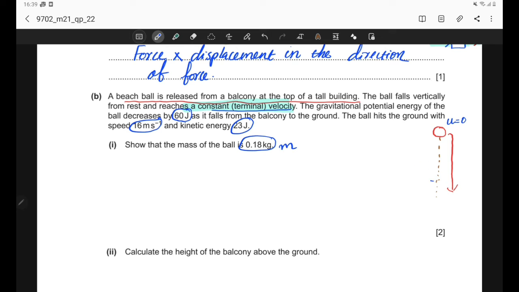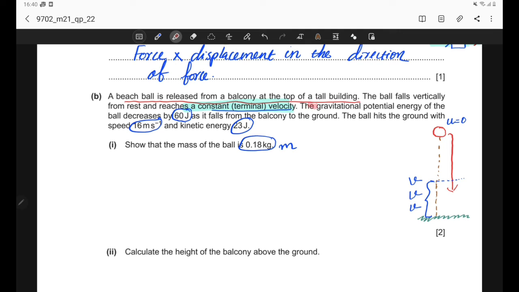So let's think at this point, the ball has reached a constant velocity, that is its terminal velocity. Let it be v. So once the ball reached terminal velocity, throughout the motion till it reaches the ground it will maintain the constant velocity v.